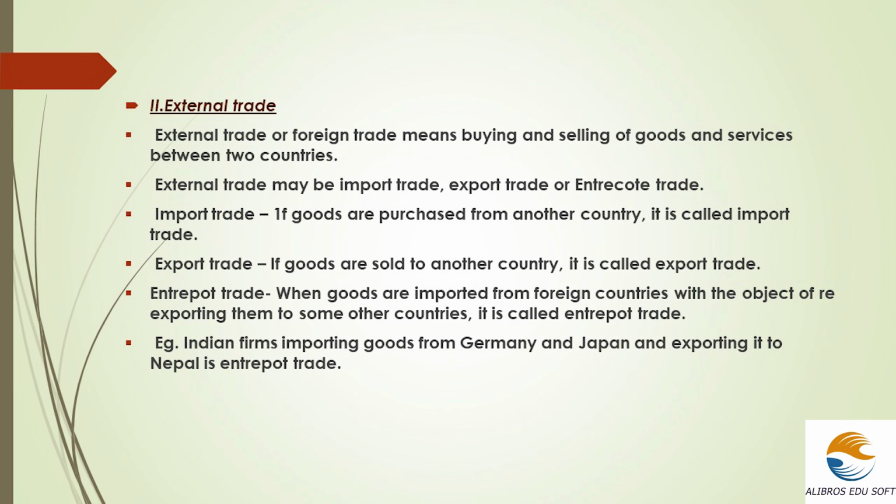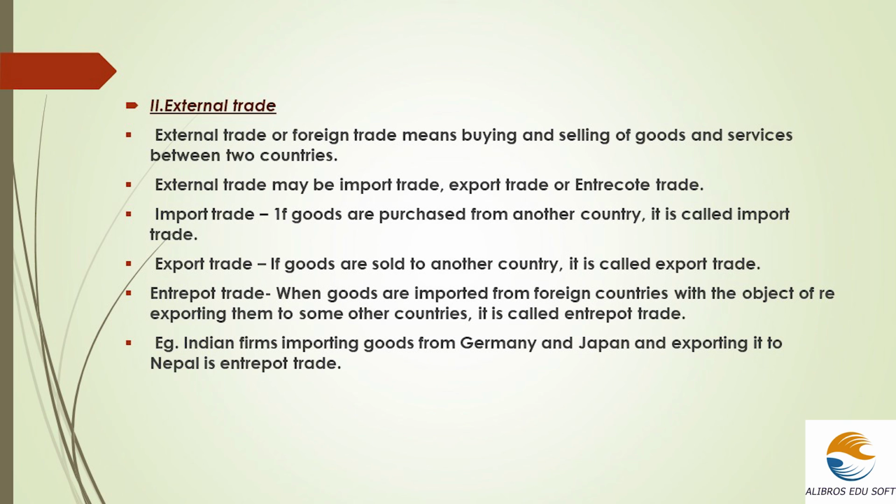An example can be given for entrepot trade: Indian firms importing goods from Germany and Japan. Some goods may be insufficient in our country, and we may be importing those goods from Germany and Japan.